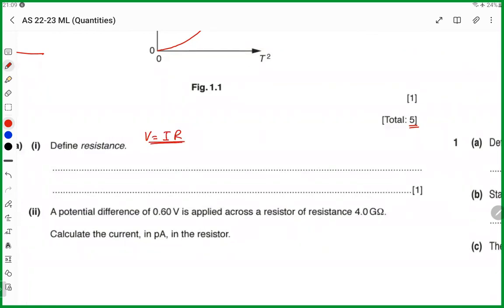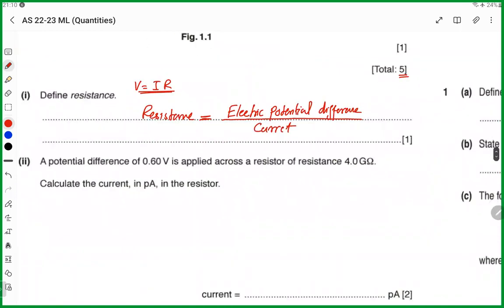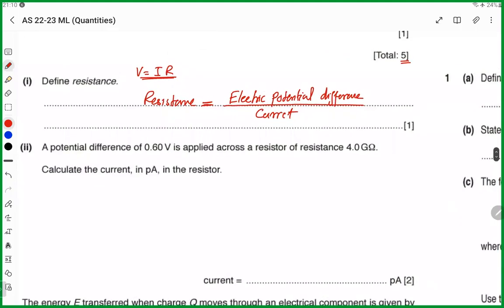So resistance equals to electric potential difference across a conductor divided by current through the conductor. So this is how we define resistance. Resistance is electric potential difference divided by current.